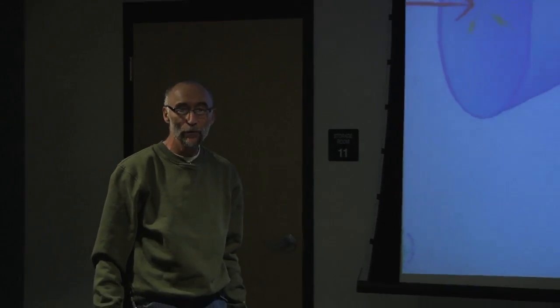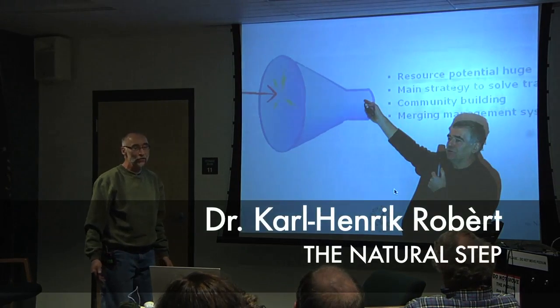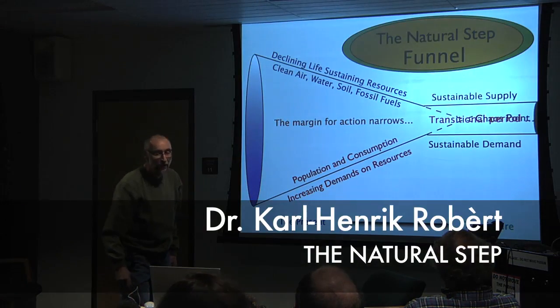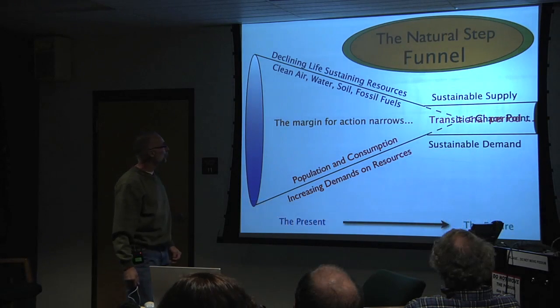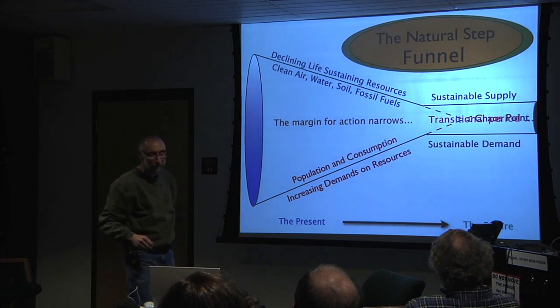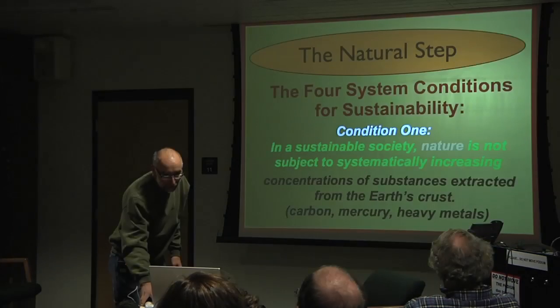So, this man here has made a huge difference in my life. That is Dr. Karl Henrik Robert. He's basically the author of The Natural Step. The Natural Step in and of itself has been a very motivating factor in my life, and this is the very well-known Natural Step funnel. Two trends that are coming together, and it's about learning how to live within nature's bounds.